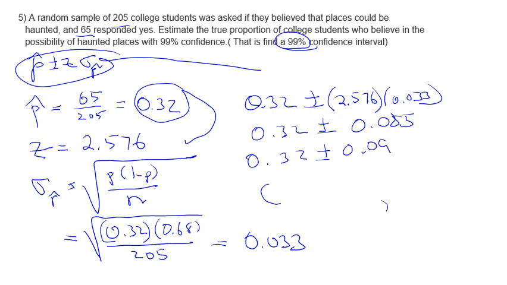And here's the actual interval form. Adding 0.09, subtracting 0.09, we have a 99% confidence interval where the true proportion will be between those two numbers.